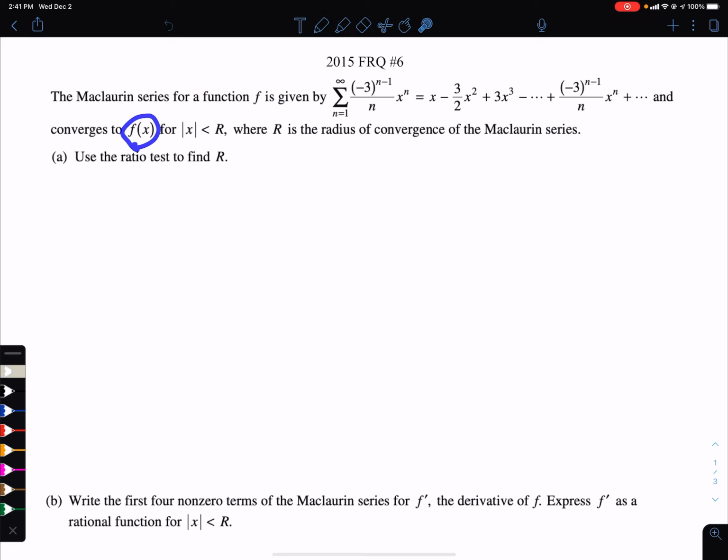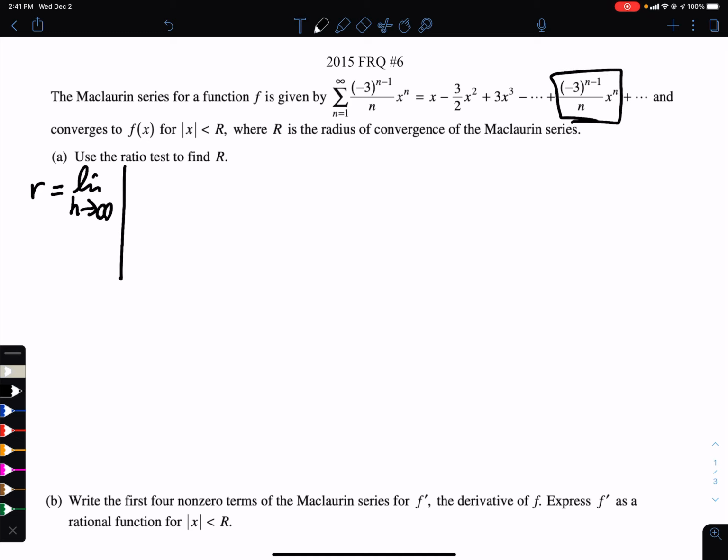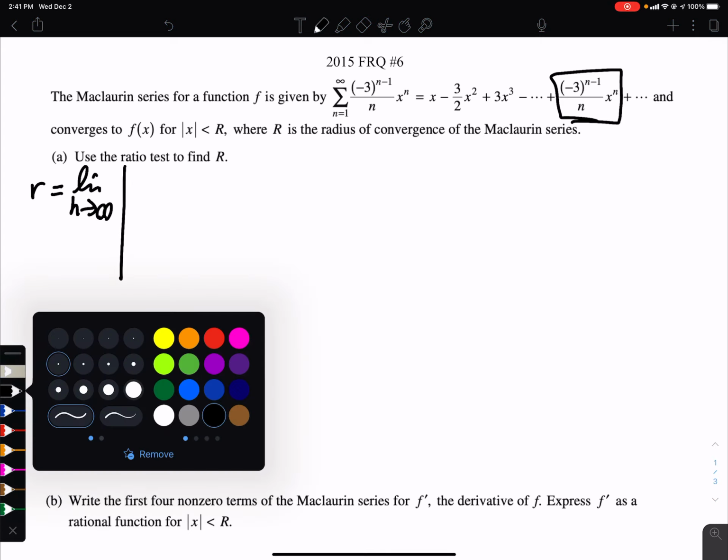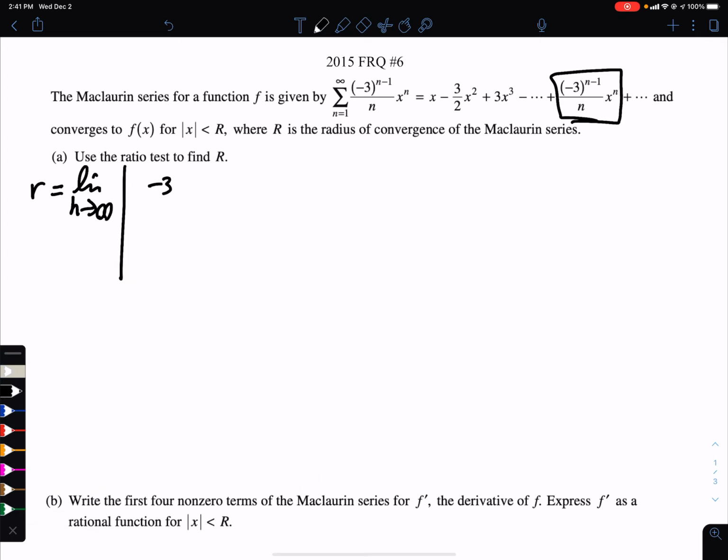So what does the ratio test say? I take the limit as n goes to infinity, and we do absolute convergence. So I take my general term here and I add 1 to all the n's. That's going to get me negative 3 to the n, x to the n plus 1 over n plus 1.